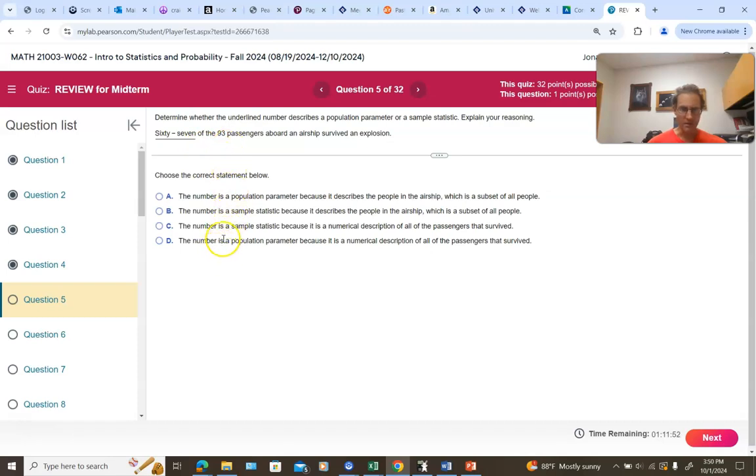I think that this is going to be a parameter. I think it's going to be choice D. It's the number of population parameter because it is a numerical description of all of the passengers that survived.